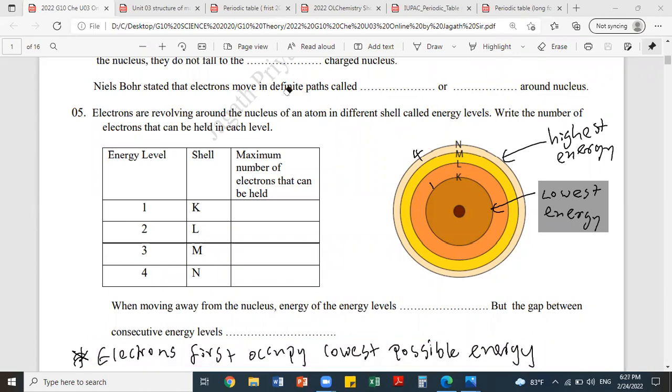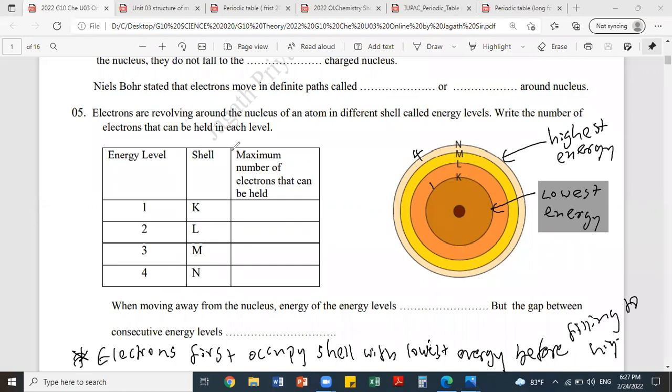Or else you can write: electrons first occupy energy levels with the lowest energy before filling into the higher levels. That also you have to remember.